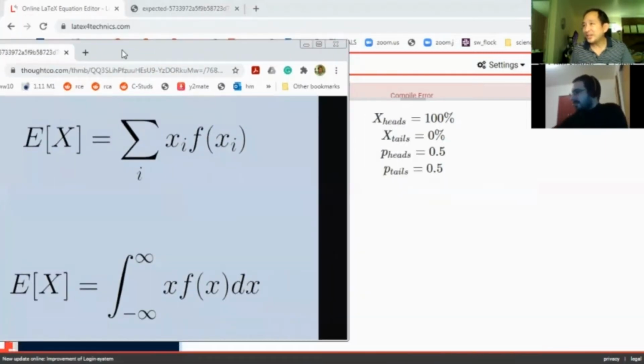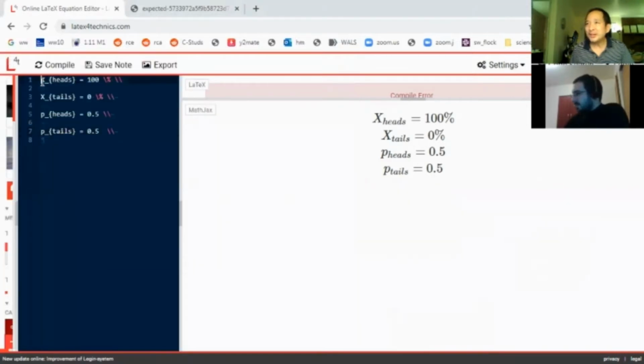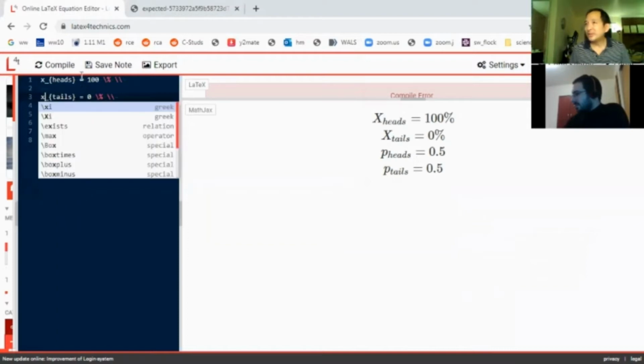But the idea is, maybe I should have used, I'm going to amend the symbols a little bit here. I'm going to use a lowercase x, and I'm going to recompile it. Let's look at the symbols again.